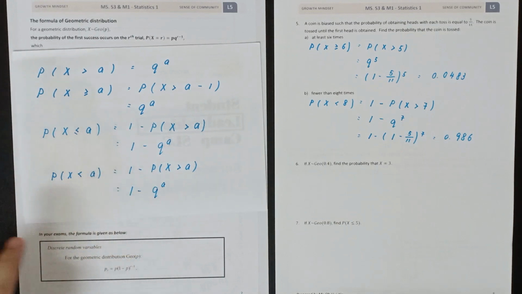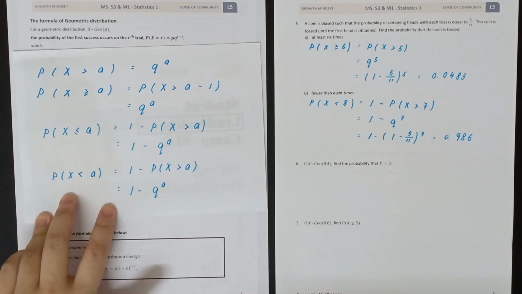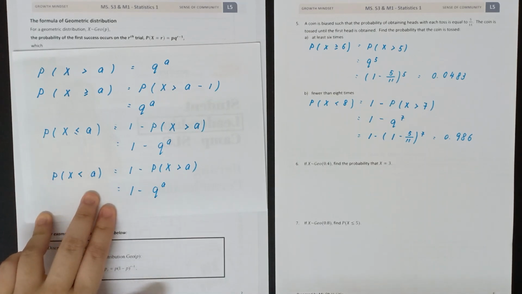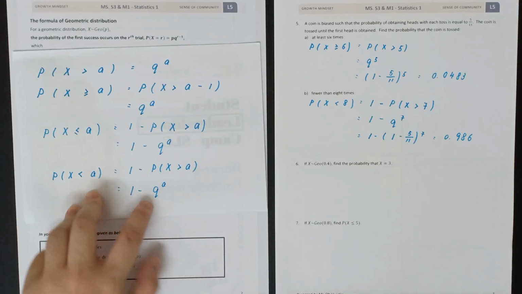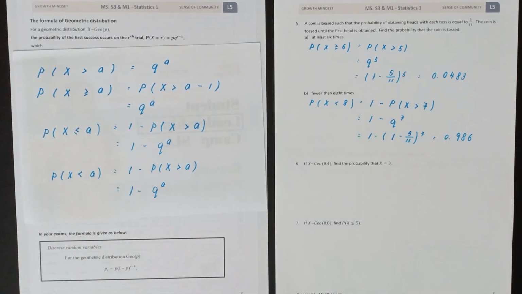Basically the probability for you to get the first success in less than A trials is equal to 1 minus you get A times of failure. That is what you do not want. Sorry, this is A minus 1.